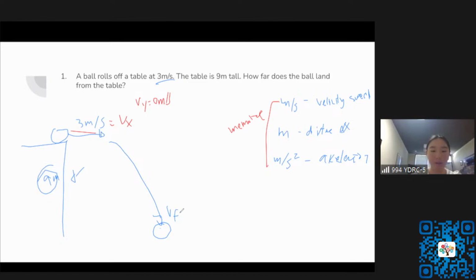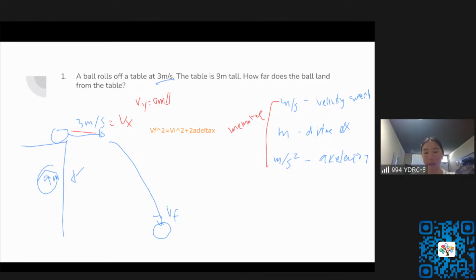So to find our final velocity here, we have the equation Vf squared equals Vi squared plus 2a delta x. We want to know V final, right? V initial is 0 meters per second because we're only talking about the vertical velocity here. And a is gravity. And delta x is just 9.